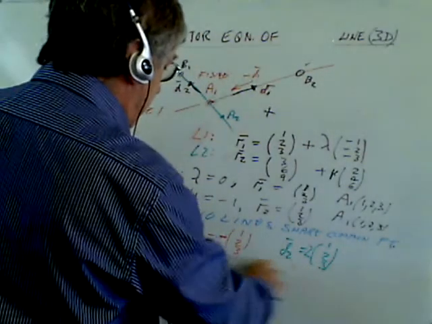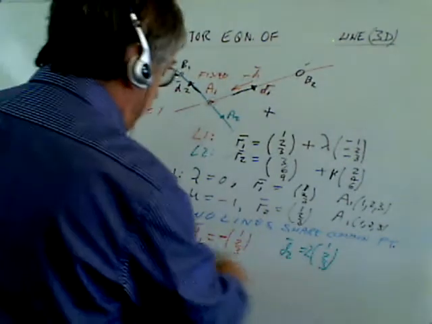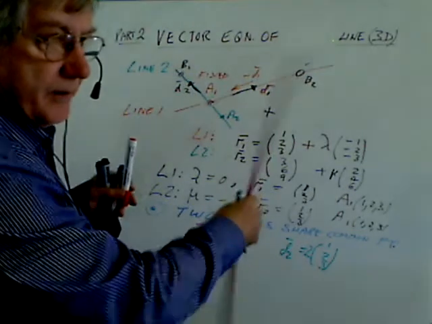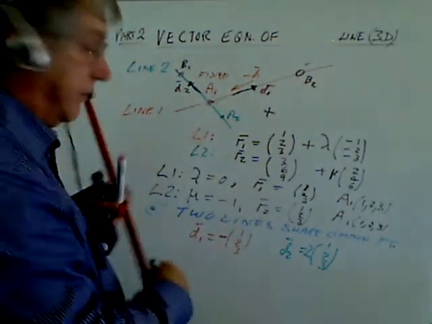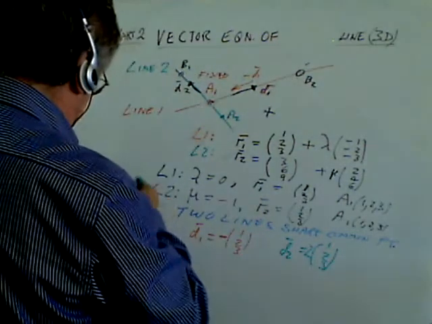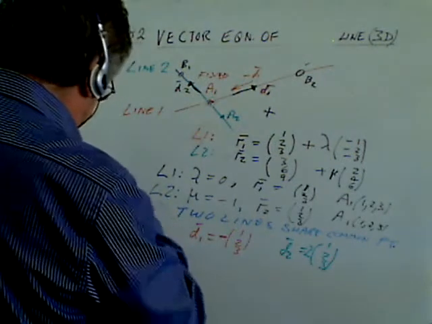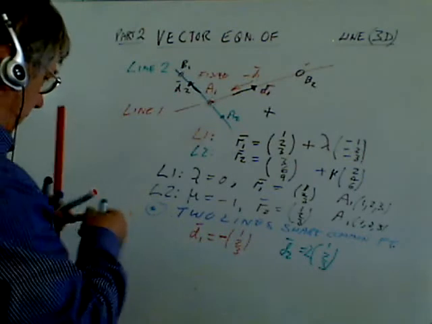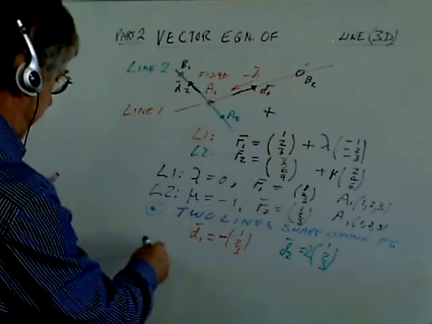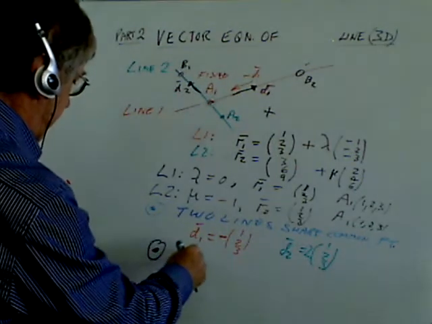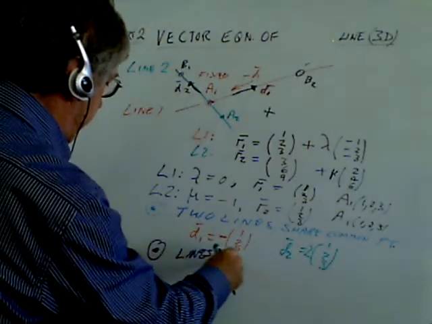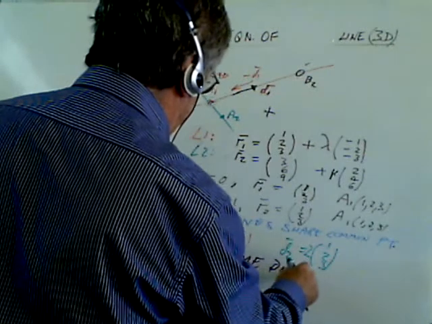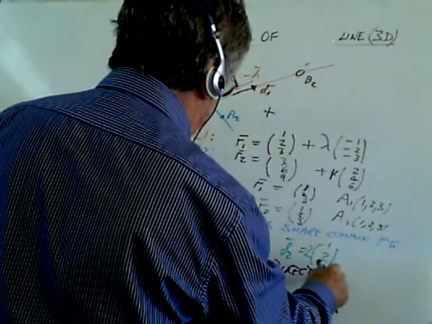So D2 is just a linear multiple of D1. Essentially D2 is the same vector, same direction anyway, as D1. So we now have the second condition: the lines have the same direction vector.